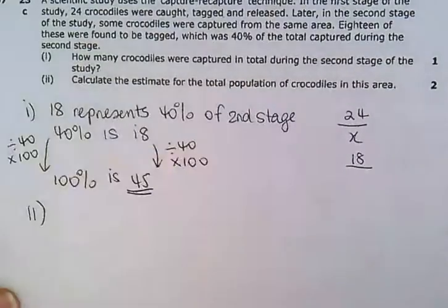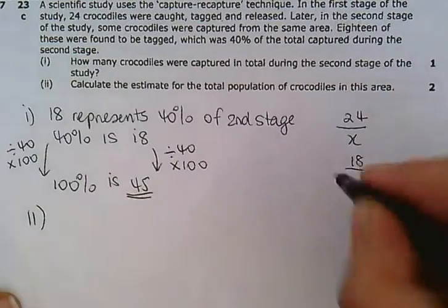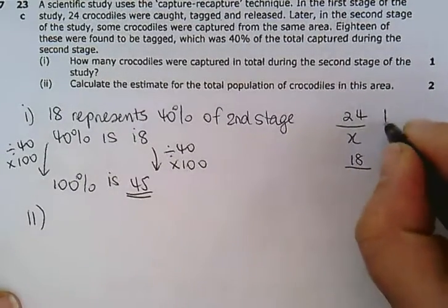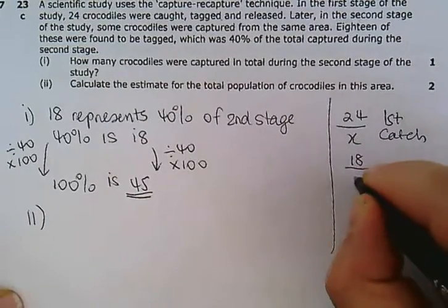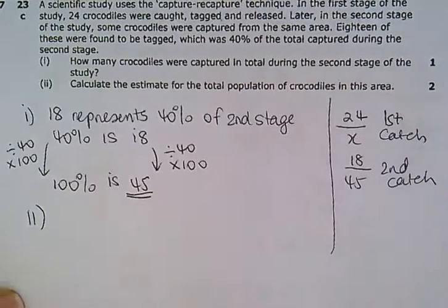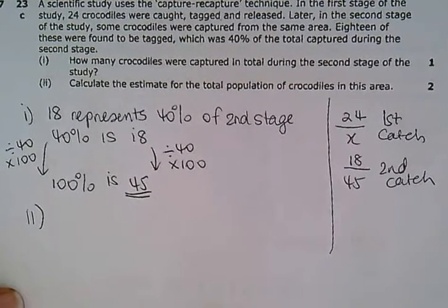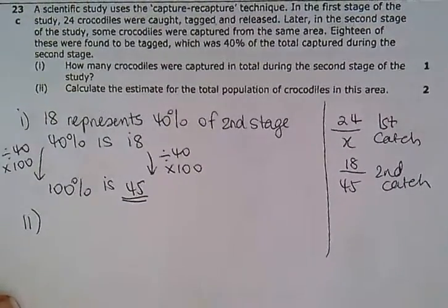So now, part 2, calculate the estimate for the total population. So now I know that this second catch, so the first catch is 24 over X. The second catch I now know is 18 over 45. All right? So, we ready? We just set it up like normal.